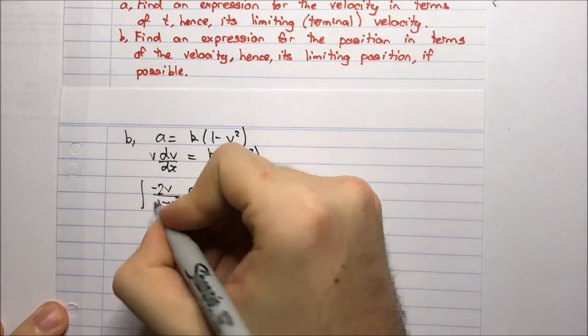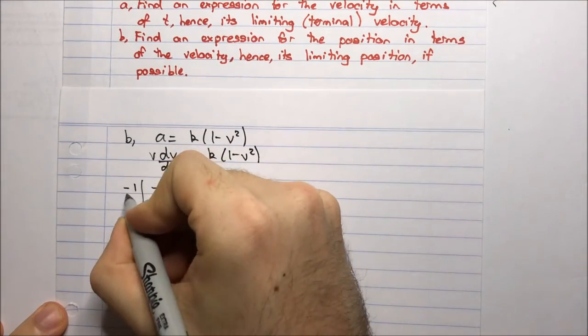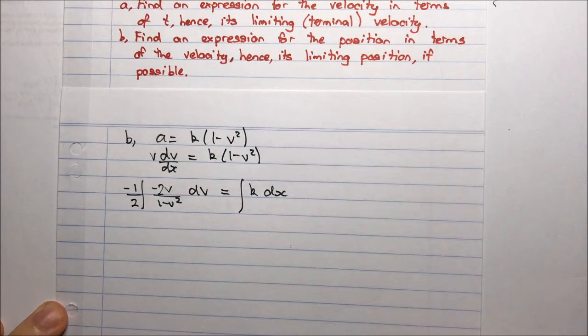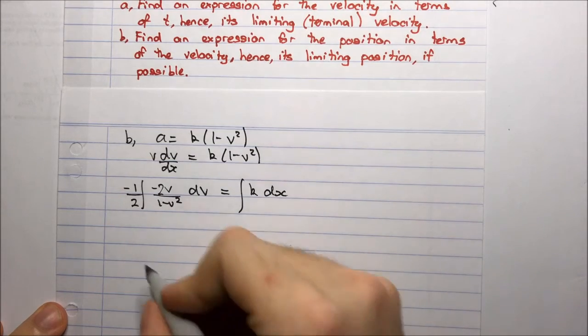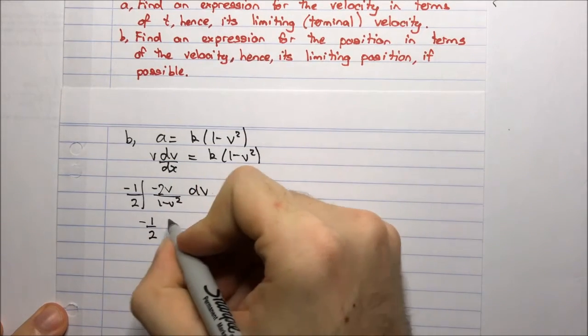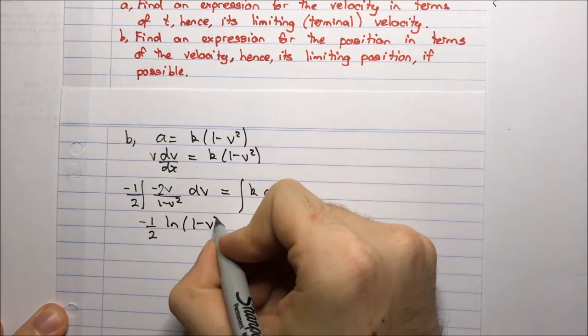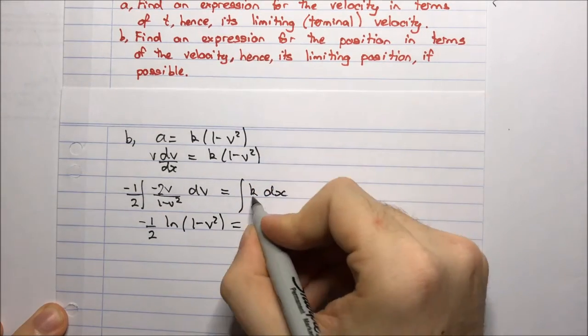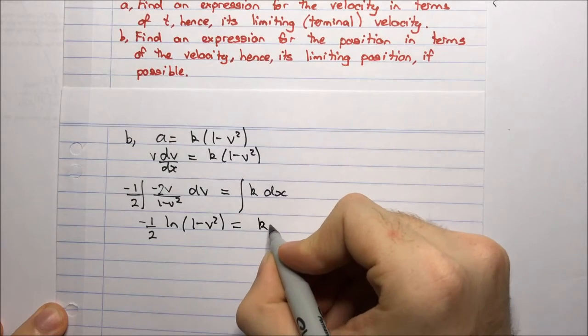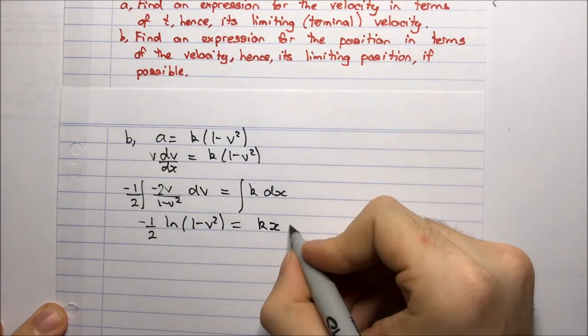We're just missing a -2, and so I have to compensate by dividing by -2 or multiplying by -1/2. And here I have k, which is just a constant, that's fine. So integrating this will give me a -1/2 log of the denominator, 1 minus v squared, equal to kx plus a constant c.